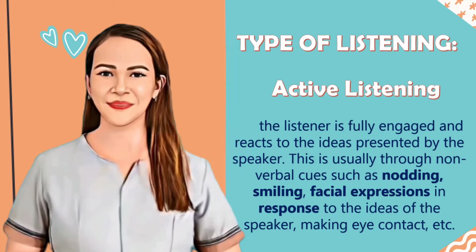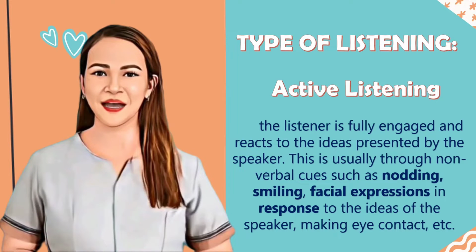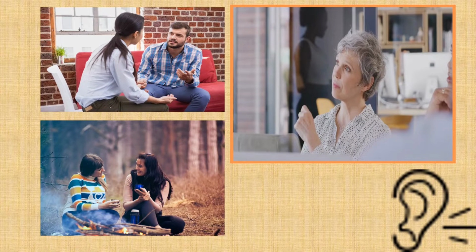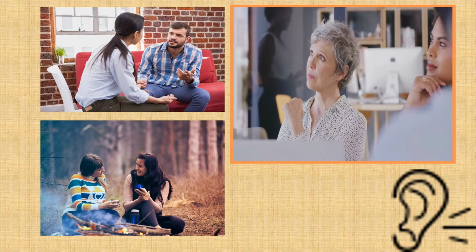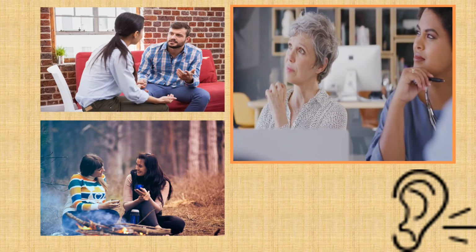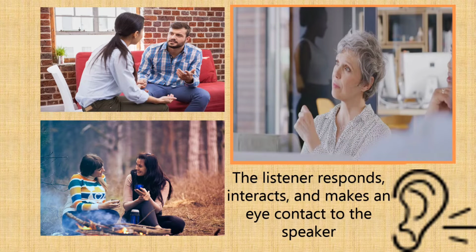This is usually through nonverbal cues such as nodding, smiling, facial expressions in response to the ideas of the speaker, making eye contact, and etc. For example, as seen in the picture, they listen attentively to the speaker and react to the situation. The listener responds, interacts, and makes eye contact with the speaker.